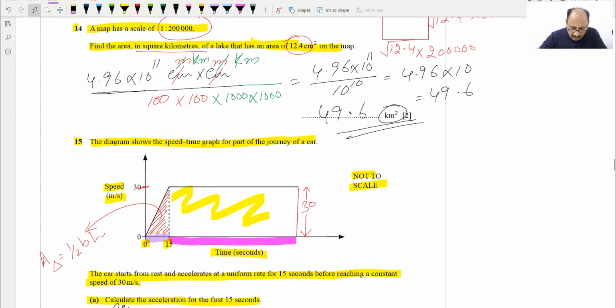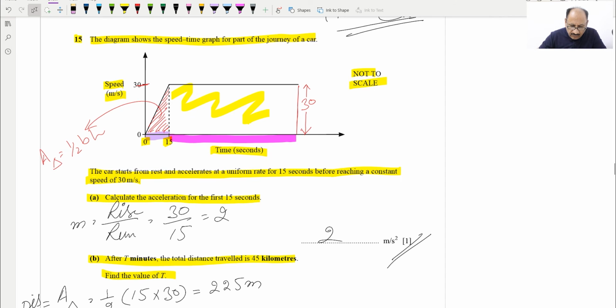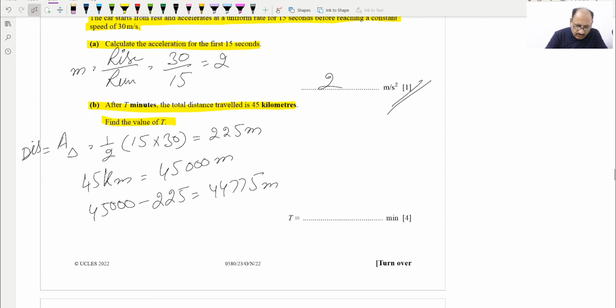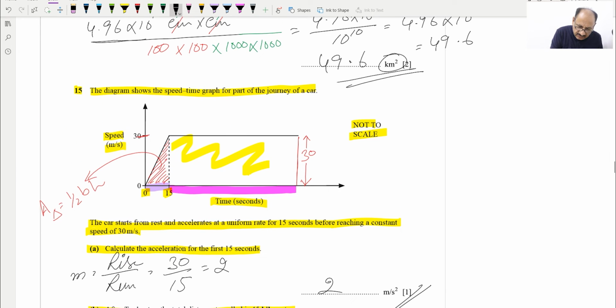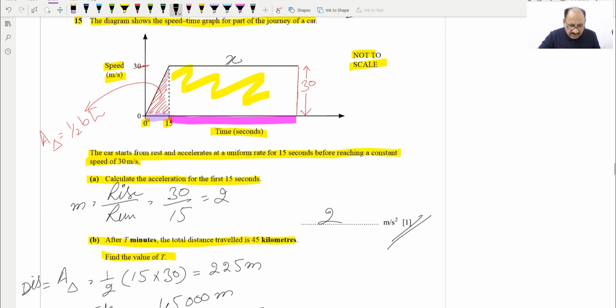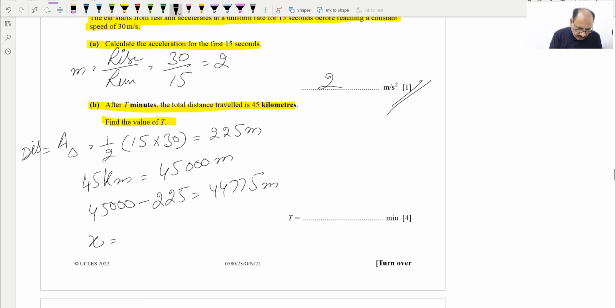So for this one, what we will do, we know rectangular area is equal to 44,775. So we can write one side as x is equal to, x is which side? X is basically this side. We can here take it as x, so x into 30 is equal to 44,775 rectangular area.